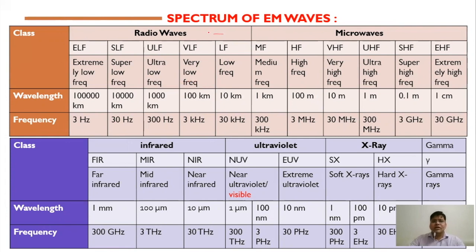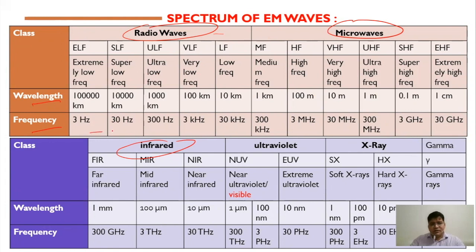We can classify the electromagnetic spectrum into several parts: radio waves, microwaves, infrared, ultraviolet, x-rays, and gamma rays. This is the classification of the EM spectrum, and the corresponding wavelength and frequency are mentioned here.